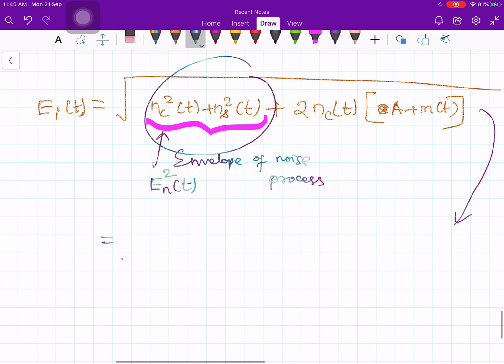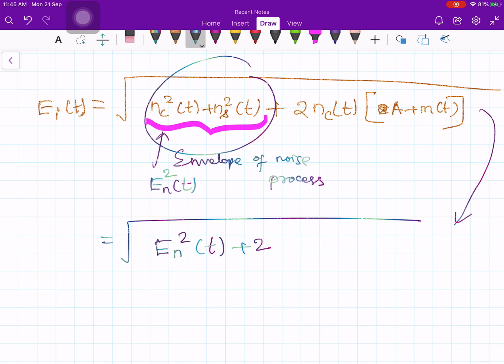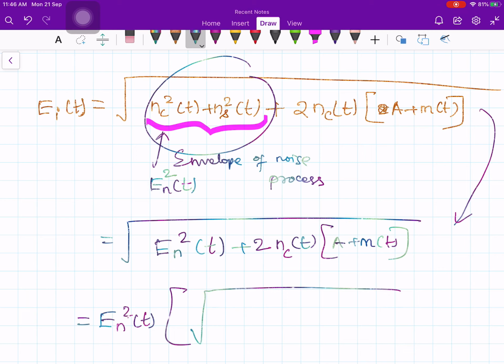Therefore, you can write this as En square of t plus 2 times nc of t within a bracket, a plus m of t. Now you can take En square commonly outside, then it is the square root of 1 plus 2 nc of t times (a plus m of t) divided by En square of t.